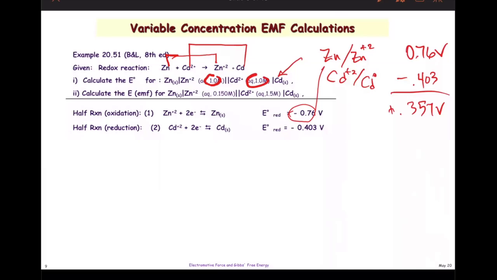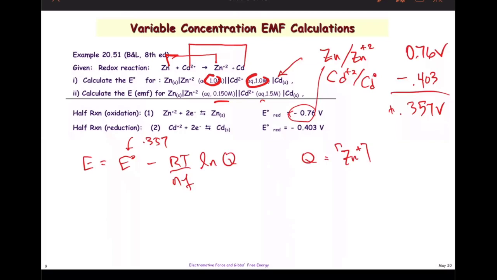The second part is calculate the EMF for non-standard state conditions. So E is going to be E0, which is 0.357, minus RT over nF natural log Q, where Q now is your products over reactants. The products are zinc plus 2 and cadmium, but cadmium is a metal, so it's not going to be shown.